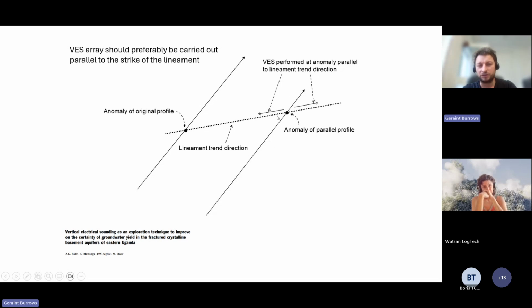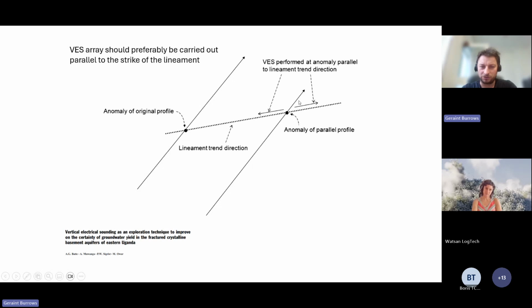But when it comes to the vertical electrical sounding, what they recommend is to perform it parallel to the lineament trend.